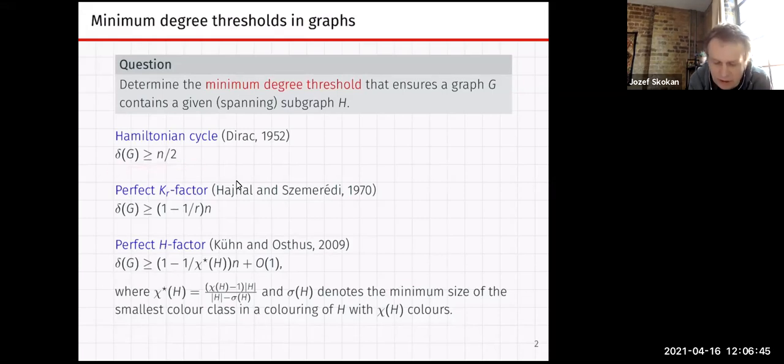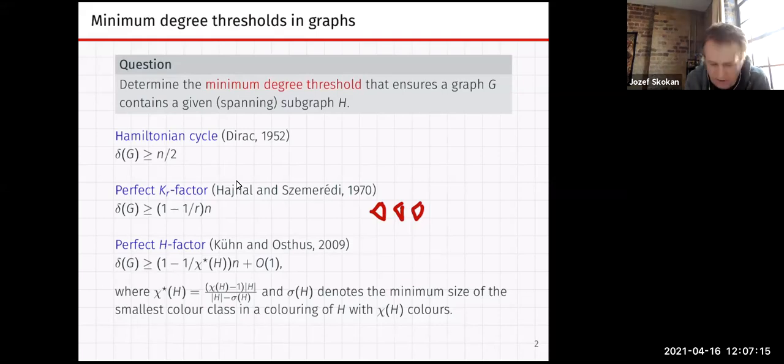Another example is the Hajnal–Szemerédi theorem from 1970, which determines the minimum degree threshold for a perfect K_r factor. A perfect K_r factor is a collection of K_r's, let's say triangles, that spans our graph on n vertices, and this minimum degree is (1 - 1/r)n.